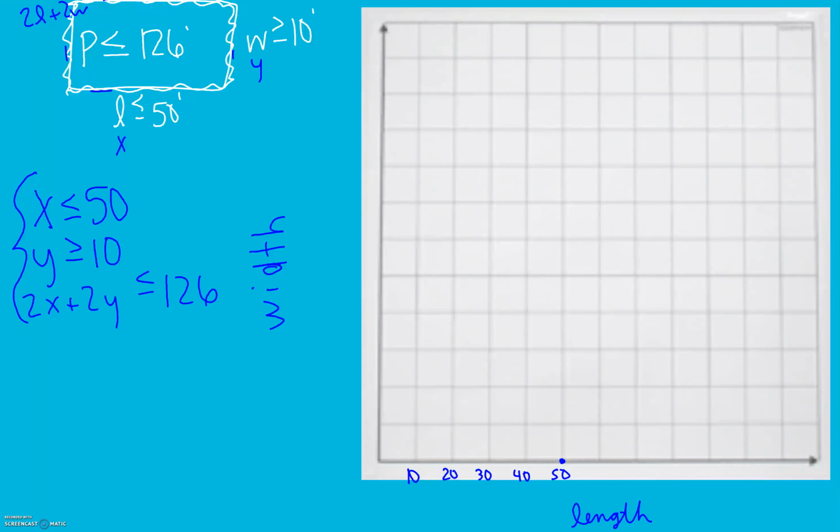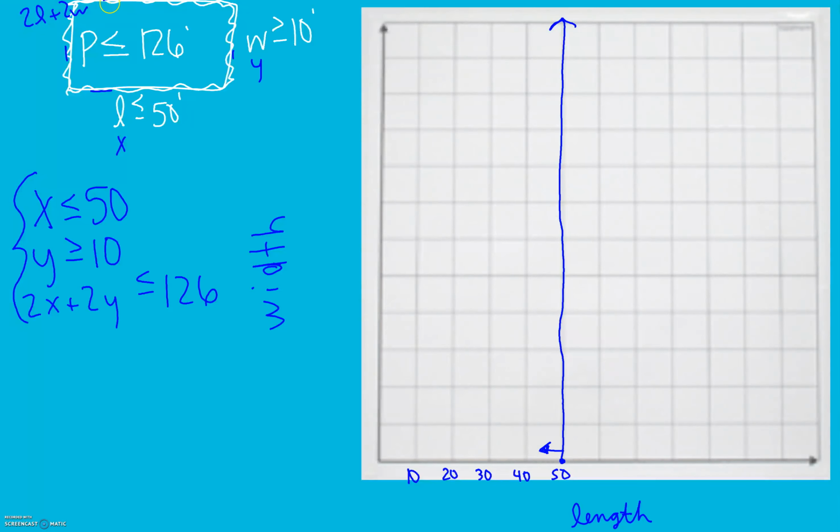And I want that to be a line, and it's an equal to line because it can be equal to in my inequality. Equal to lines are solid lines. So again, you would use your straight edge here to get a line a lot straighter than mine. And I only picked a first quadrant graph here, guys, because we can't have negative lengths. We can't have negative widths. So it's only in the first quadrant. And we want it to be less than. So from that line, I'm going to go this way.